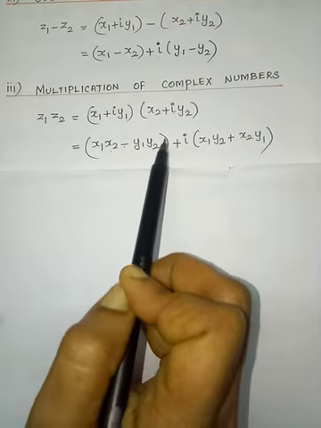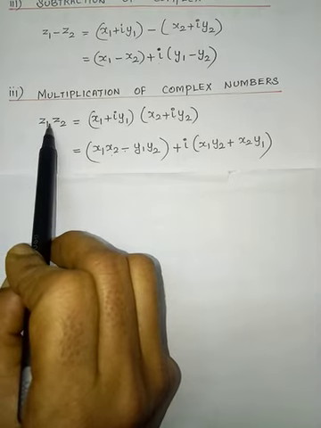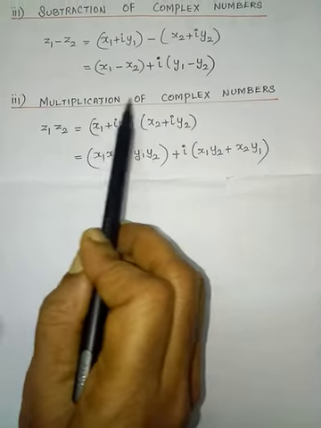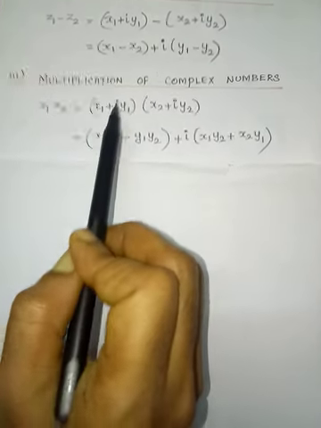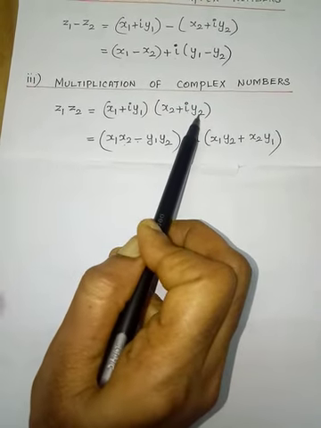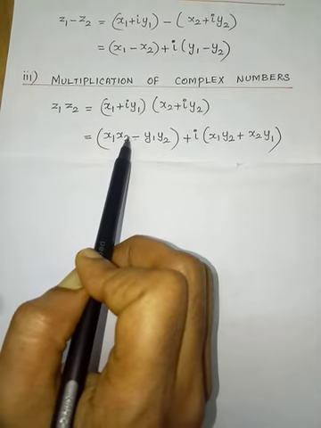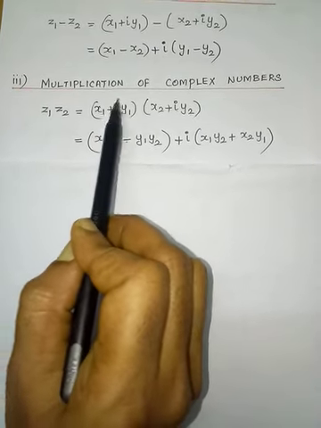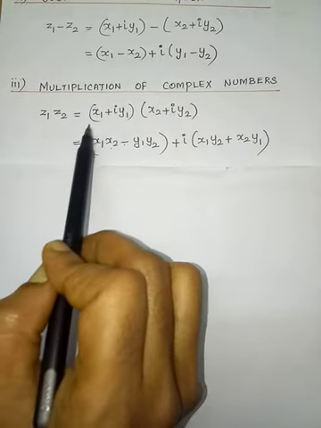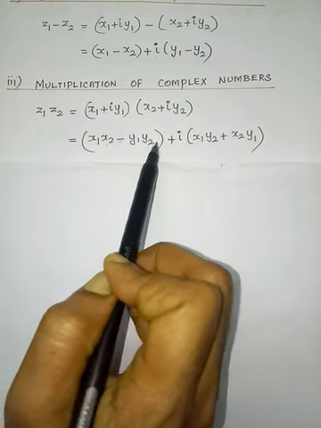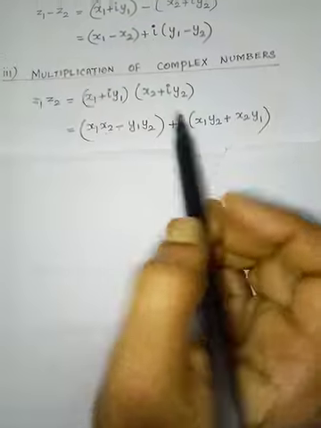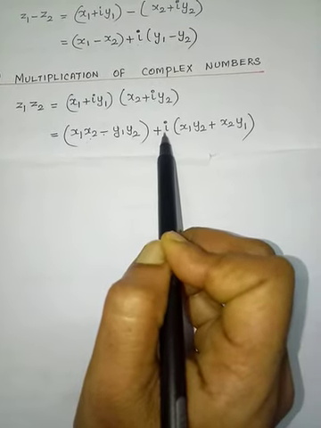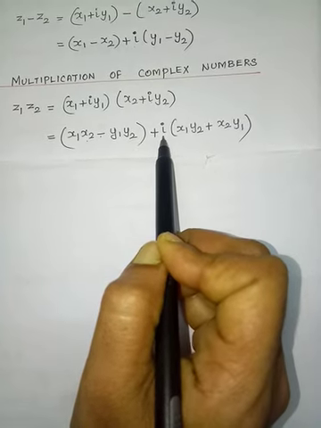But how to write the real part of z1 z2? Real part you multiply, then imaginary part you multiply, and you have to change the sign. Why are you changing the sign? Because of i squared. Now I obtained only the real part. Next I should have an imaginary part of z1 z2. For the imaginary part you should have i, so I have written i.